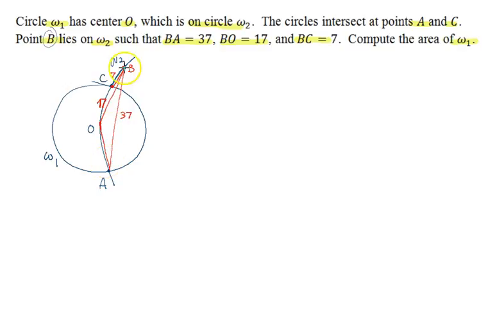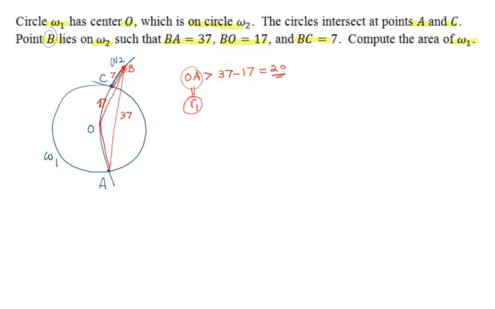Applying the triangle inequality to this triangle BOA, we establish that OA must be greater than 37 minus 17, which is 20. So OA should measure at least 20, but in that case, OA is simply the radius of circle omega 1, and as such B cannot be outside circle omega 1. So therefore this configuration is not the right configuration.